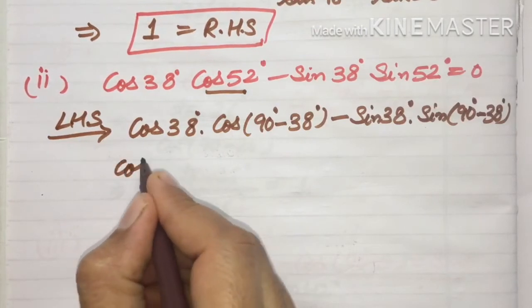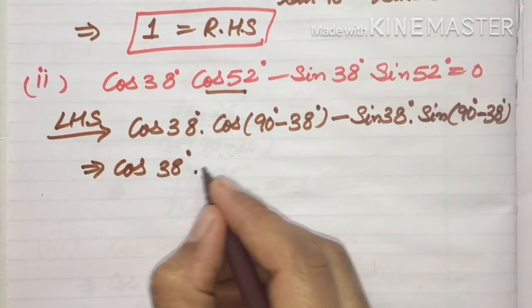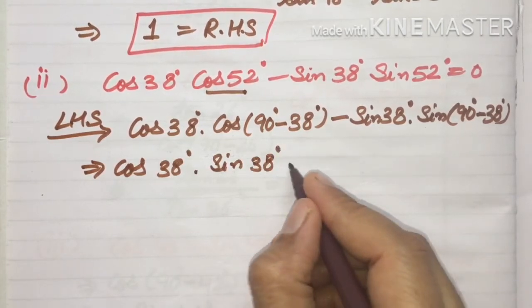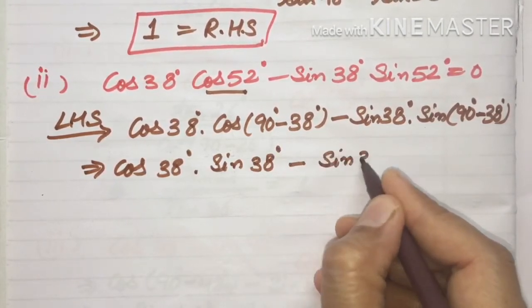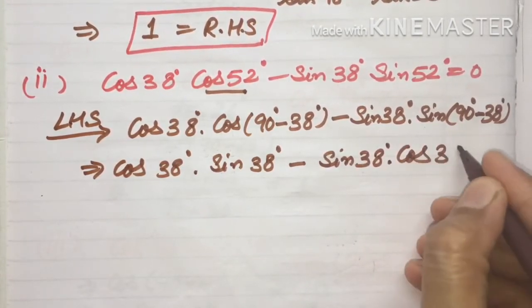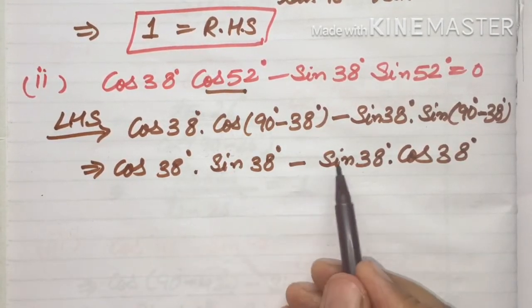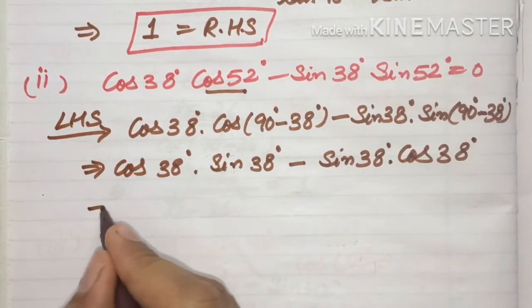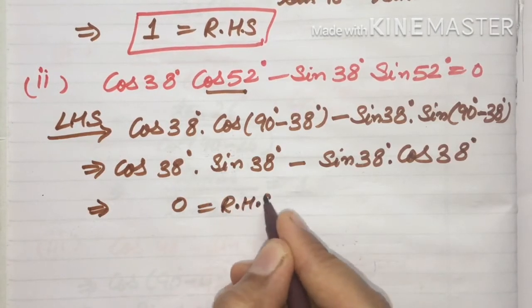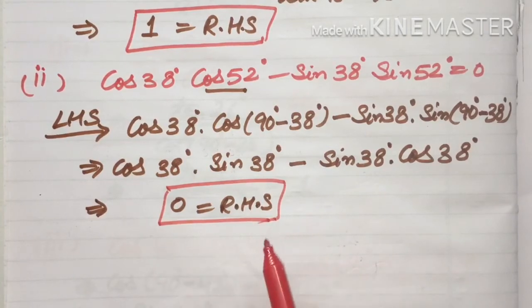So it will become cos 38 degree, and this cos will change into sin, and theta is 38, minus sin 38 degree, and this sin will change into cos, and theta is 38 degree. So both values are same, cos 38 sin 38 minus sin 38 cos 38. So we will get 0 from here, and this 0 is equal to right hand side. In this way we can prove that left hand side is equal to right hand side.